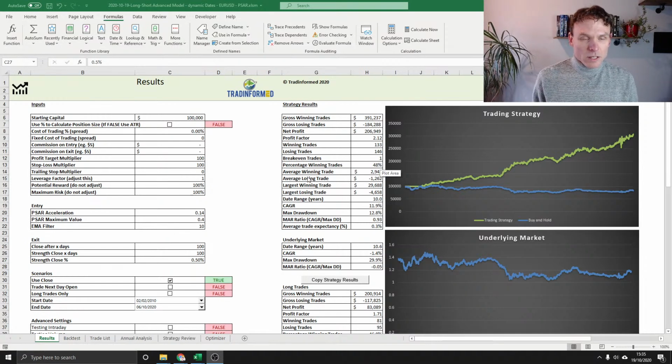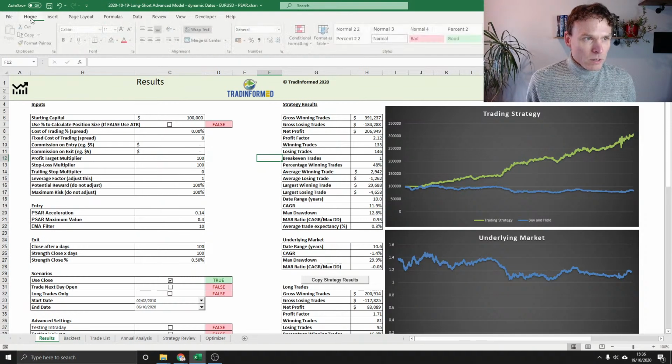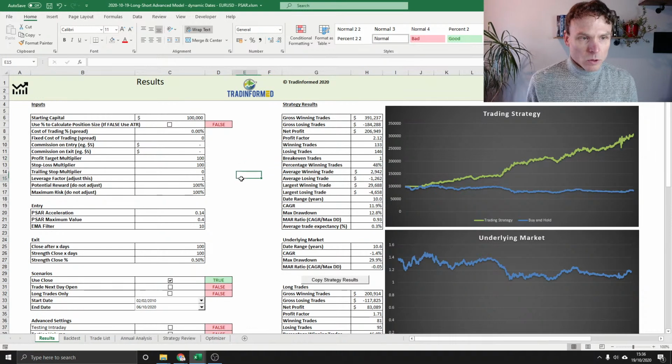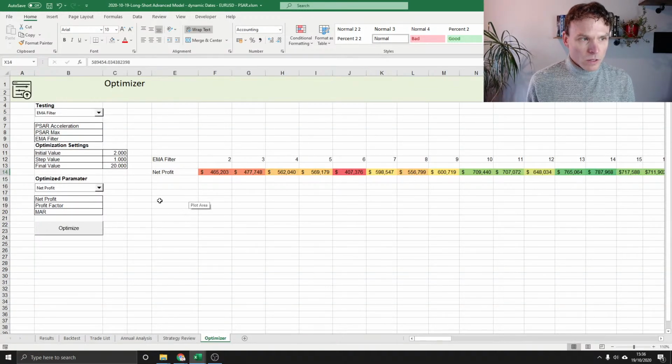On the screen, you can see the Euro US dollar model that I featured in the last video. So I wanted to go back to some of the things. This is just some of the thoughts that I have had since I have released this model. So one thing I did introduce for the first time in this model, in its current form at least, is an optimizer.